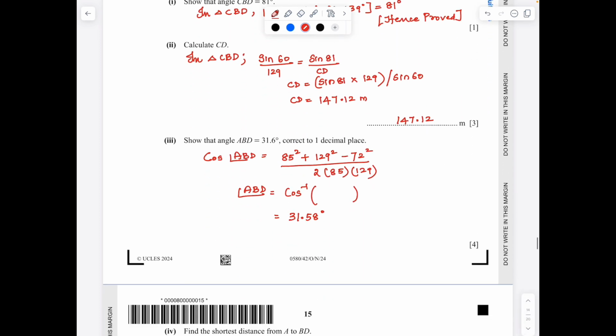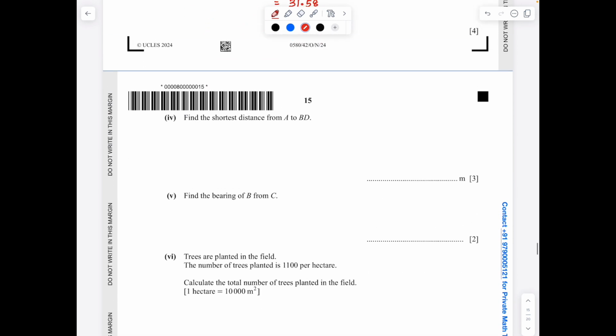So I can apply sine in triangle ABM. Sine angle ABM is equal to AM by AB.